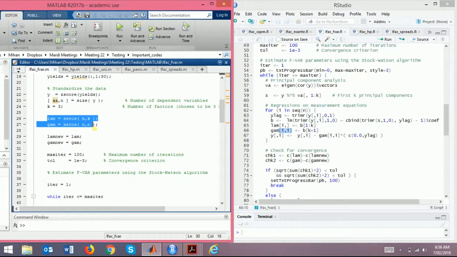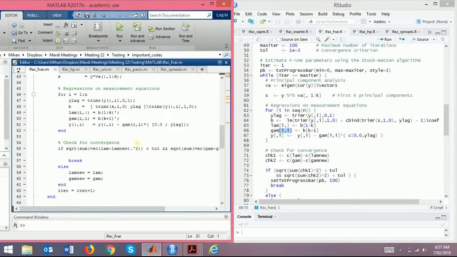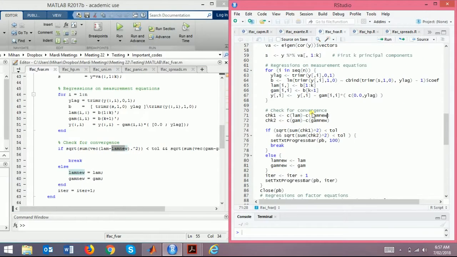Whenever this is being replaced, lambda nu will store lambda and gamma nu will store gamma, but that will be in the next stage. First is to fill this up, then replace lambda nu and gamma nu. So lambda is the previous step, lambda nu is the next step, because it is being filled up each time. Lambda is the earlier value, lambda nu is the next value. A beautiful trick.